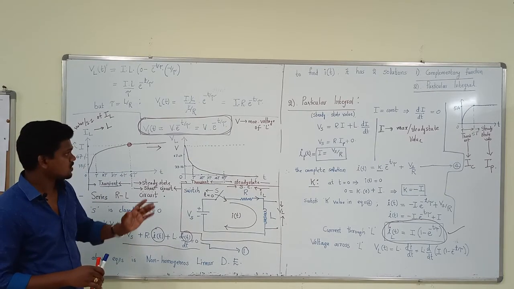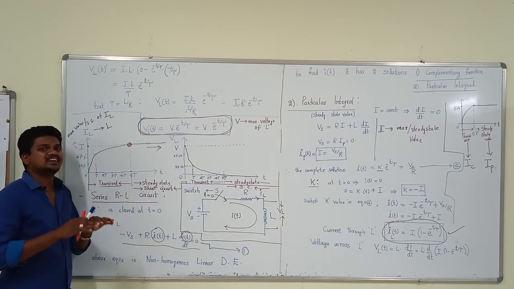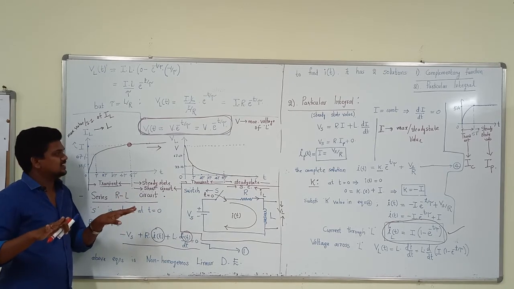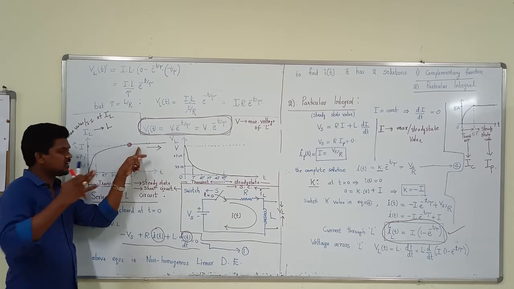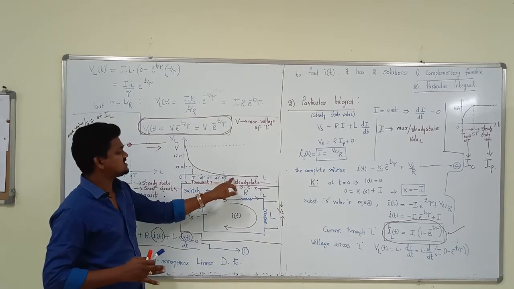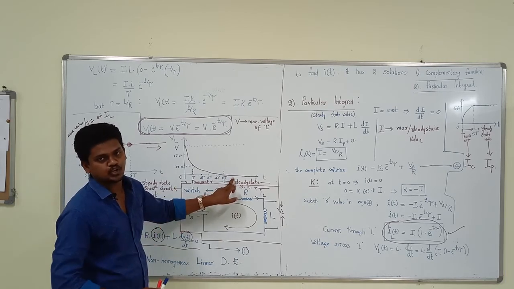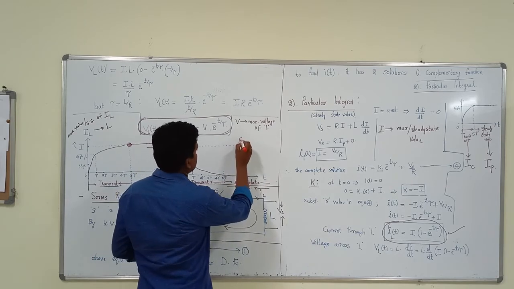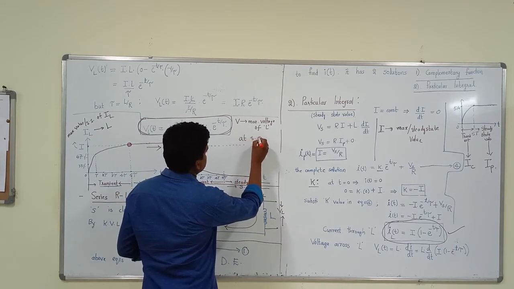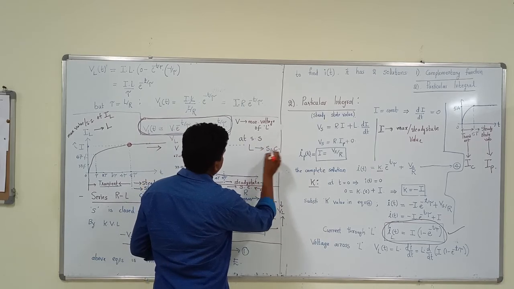Finally, at the steady state value, the inductor is always a short circuit. The reason is the current is at its maximum value, high current is flowing, and the voltage is 0. Wherever the voltage is 0, it becomes a short circuit. That's why, note that at steady state the inductor becomes a short circuit.